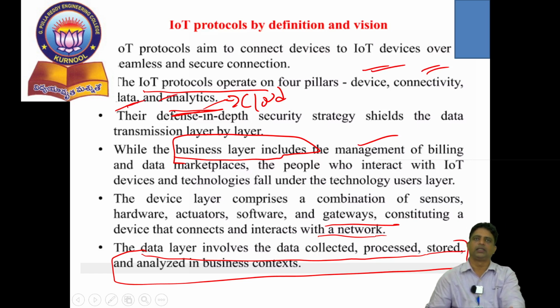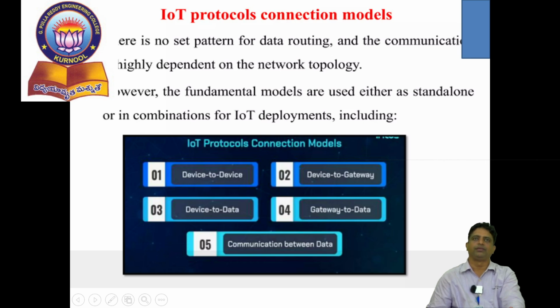Now in continuation, if we see the different layers, how they communicate with the layers of other devices: we can have communication between device to device, device to gateway, directly device to the data center, gateway to data center or cloud, or communication between different clouds. So there are four major styles of information exchange at the industrial automation level.